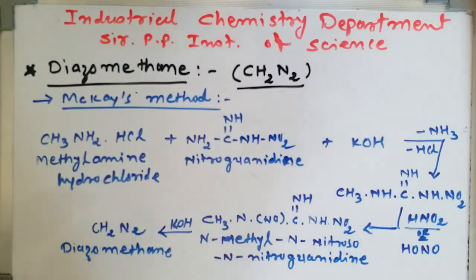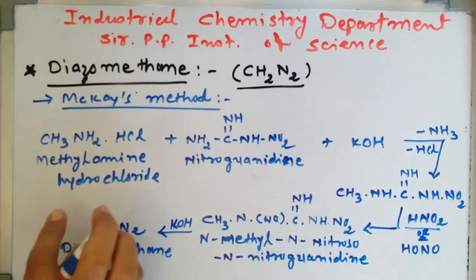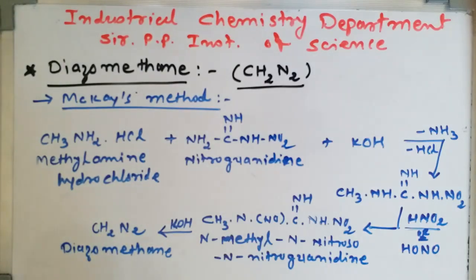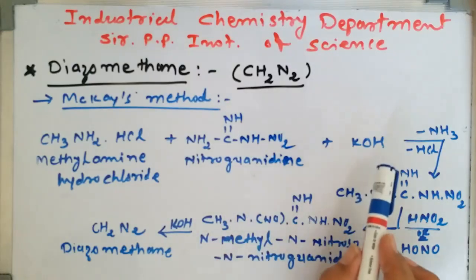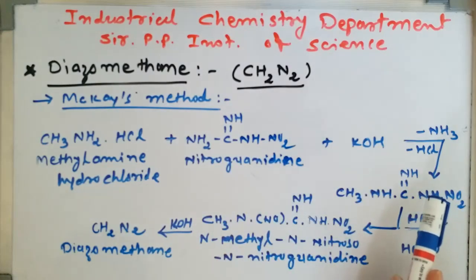So in this method, first of all, methylamine hydrochloride and nitroguanidine are allowed to react with KOH solution, and this product is treated with nitrous acid, HNO2.